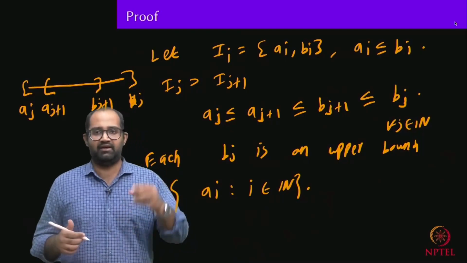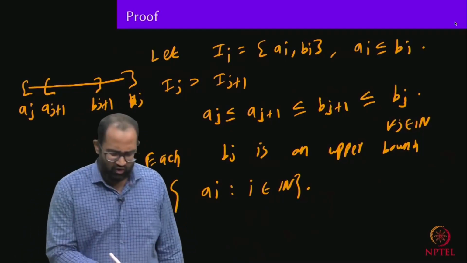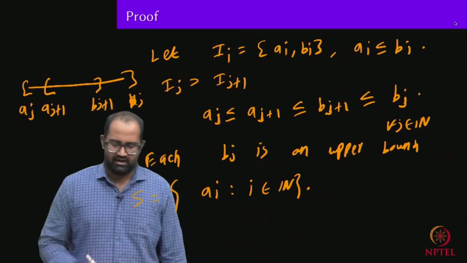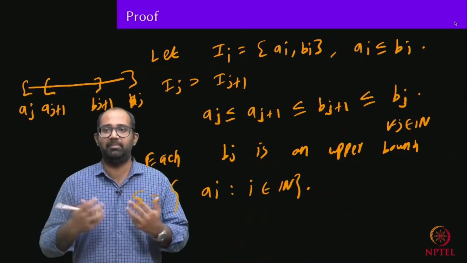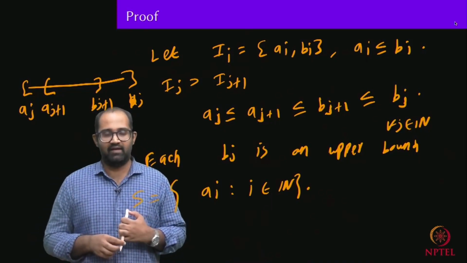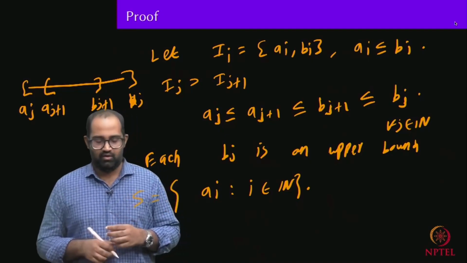Put all the left endpoints in a set. Let's call the set S. Then every single b_j is an upper bound for this set.